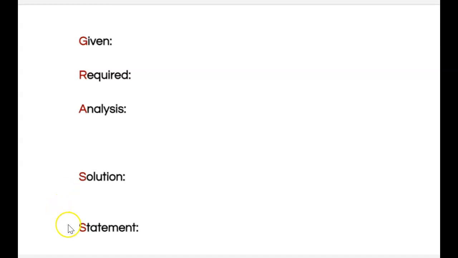And then finally, writing some sort of therefore statement is an appropriate way to conclude a word problem. So we're going to keep that in mind and do a modified version as we work through our problems today. I may not explicitly outline each of these, but they will be implied in my solution. Let's get started.